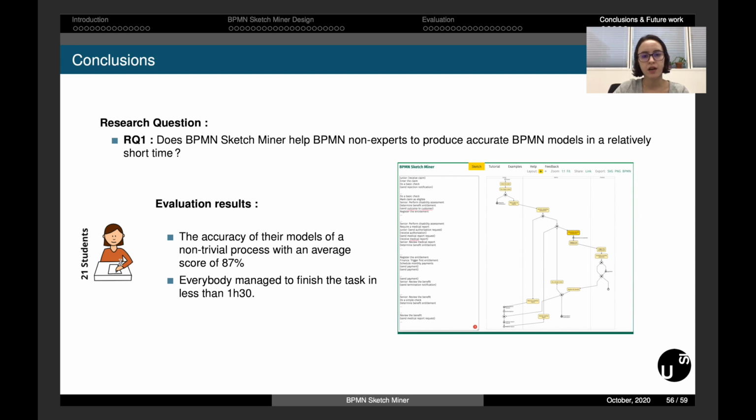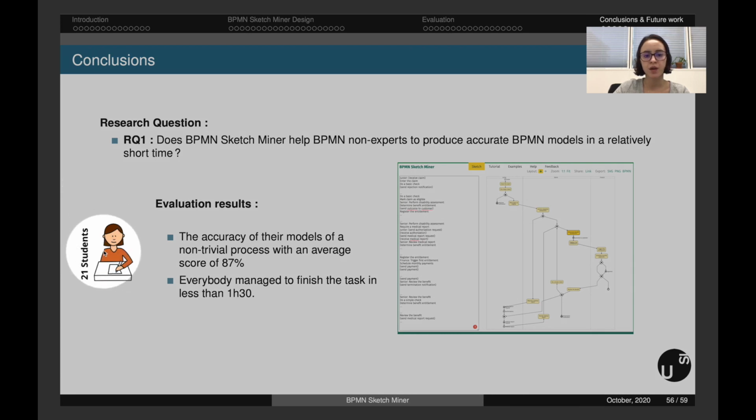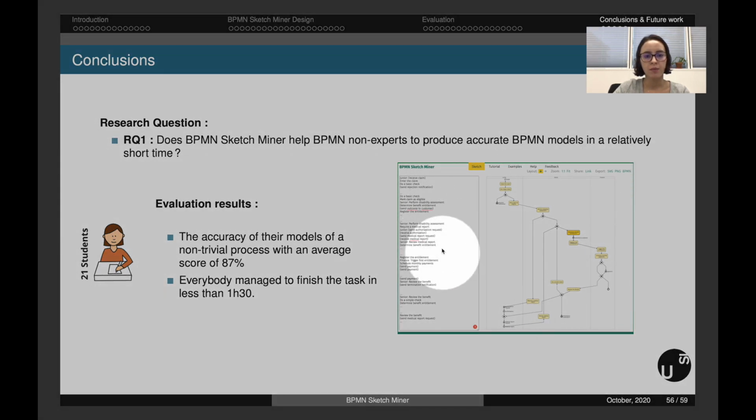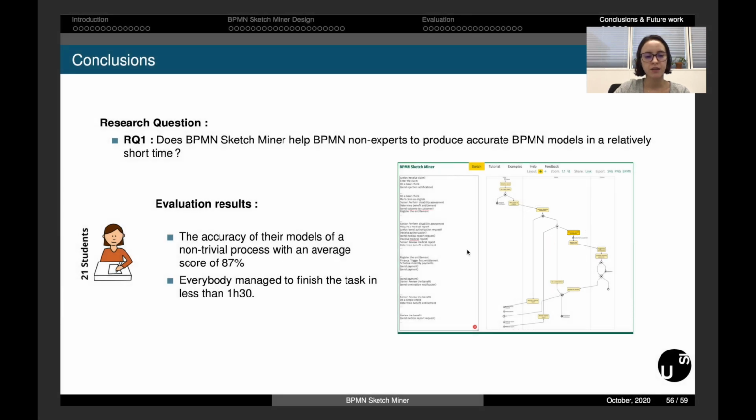The first one is about whether the BPMN Sketch Miner is helpful for beginners to produce accurate models. For example, in the experiment the students had to model a process, where the average correctness of the solutions was 87%, and they managed to do the exercise in less than 1 hour and a half.